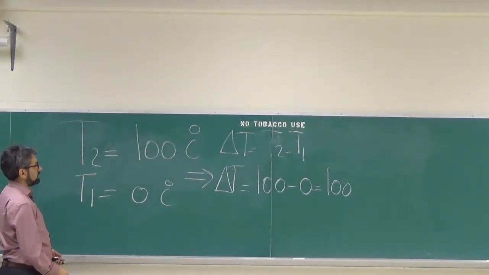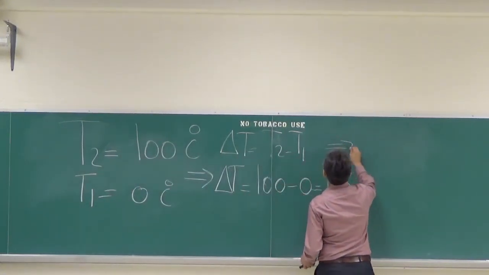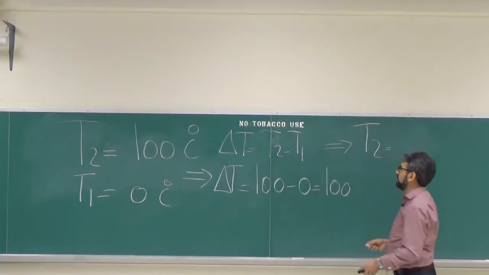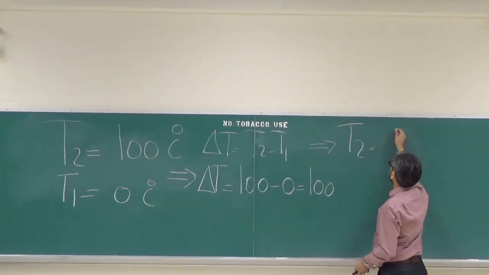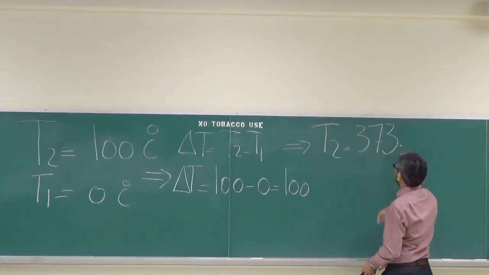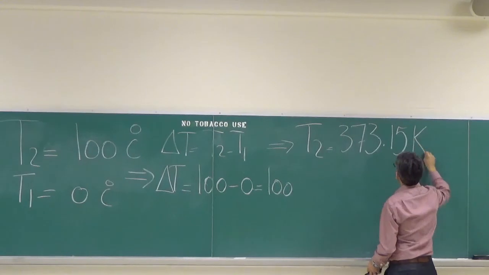How about writing this one in Kelvin? T2, if you transfer it to Kelvin, 100 degrees Celsius in Kelvin will be equal to 373.15 Kelvin.